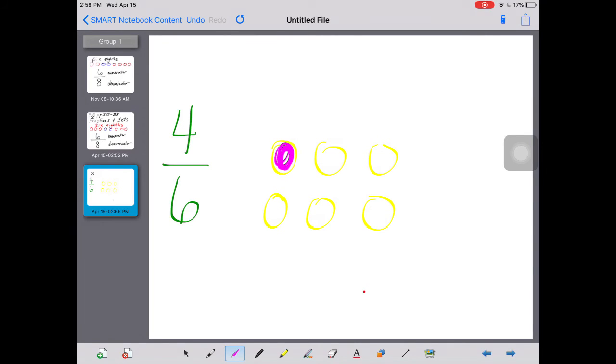I don't know what you'd call this, purple or pink or purple pink. So I'm going to color in 4 of them. It doesn't matter which 4 I color in, as long as I color 4. Now I can say 4/6. 4/6 represents the amount of pink or purple colored counters in the group. Okay?